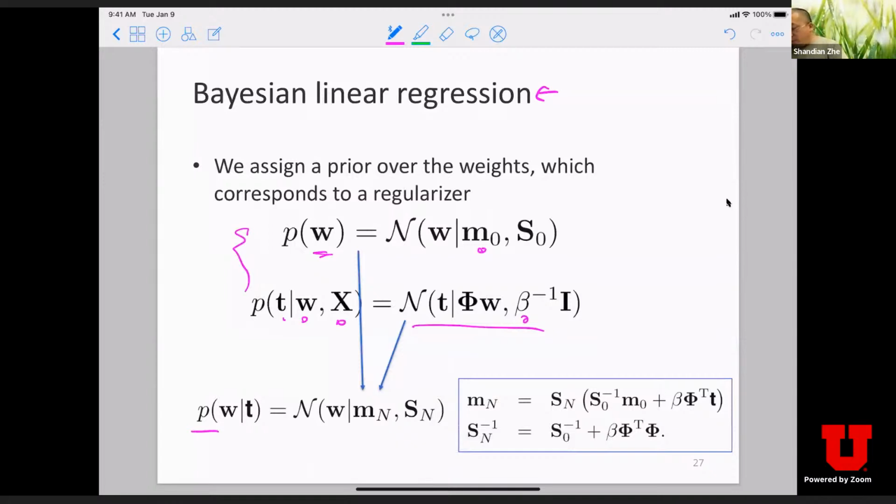We denote the posterior mean by Mn and covariance by Sn, where the subscript big N denotes the posterior after we have observed N training examples. If you apply the completing the square approach we discussed before, it's straightforward to derive this. I will leave it as an exercise for you.